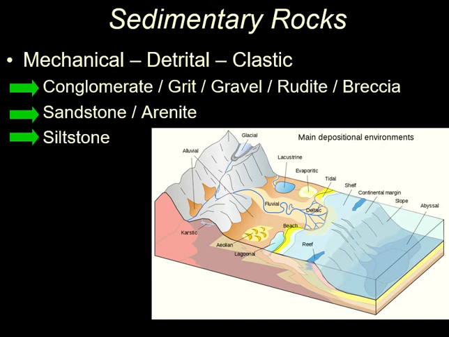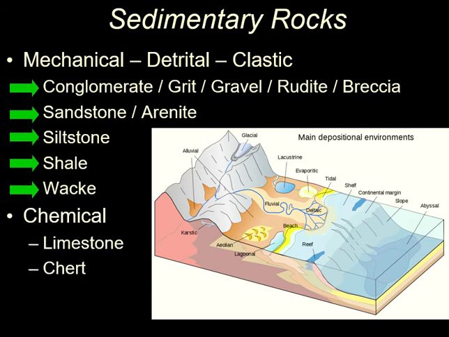Then there will be siltstone, which are even finer, and shale, which is possibly a bit finer, and wacky, which I mostly have on here because I'm kind of amused by the idea that there's a rock type called wacky. It used to be called greywacke, but for some reason people just decided to call it wacky. Then there's the chemical sedimentary rocks, which will include things like limestone and chert, and also phosphatoid.